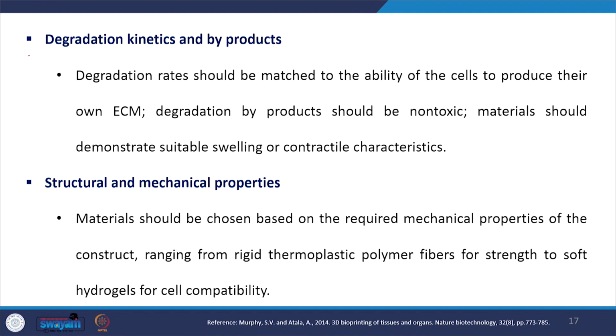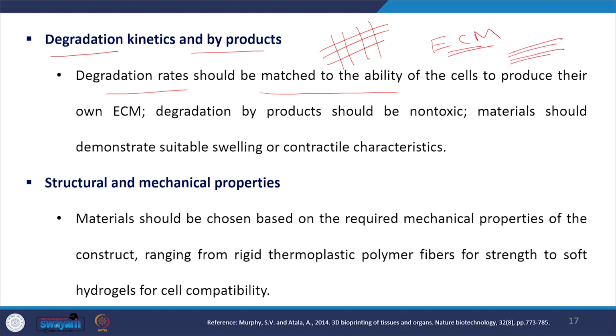The next one is the degradation kinetics and byproducts. That means it should be biodegradable. The degradation rate should be matched to the ability of the cells to produce their own ECM. For example, you have this 3D printed scaffold, and before the particular scaffold is degraded, the cell should make its own ECM, that is the extracellular matrix, and it should be able to grow and form like an original tissue.